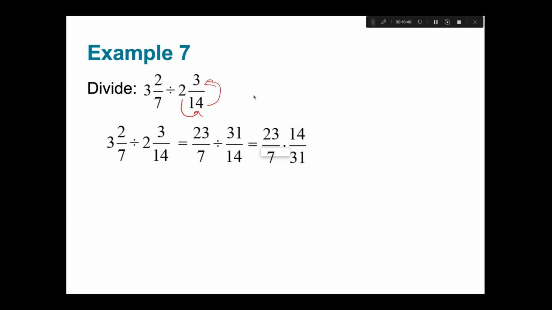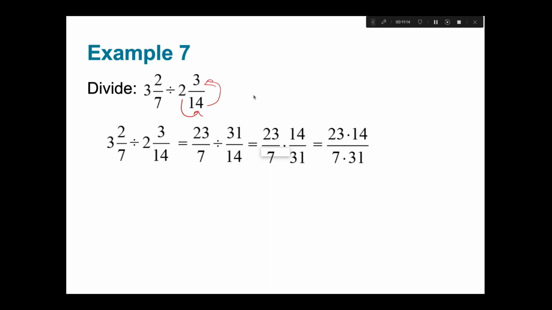Before I multiply straight across, is there something I can cross-cancel? The 7 and the 14. The 7 would become a 1, because we can take a 7 out of both 7 and 14. And the 14 would become a 2.